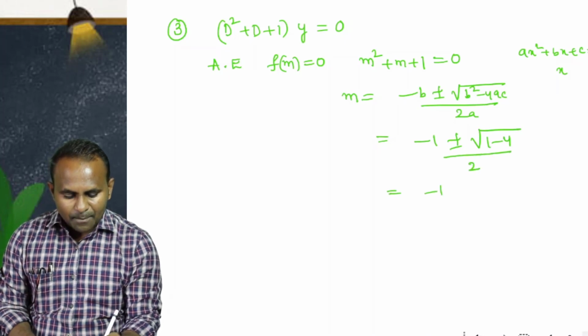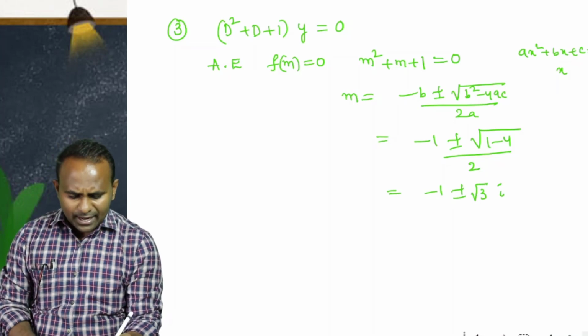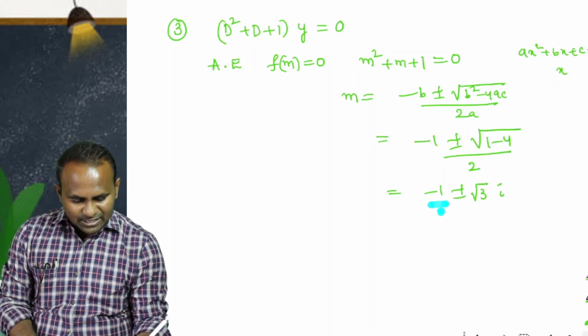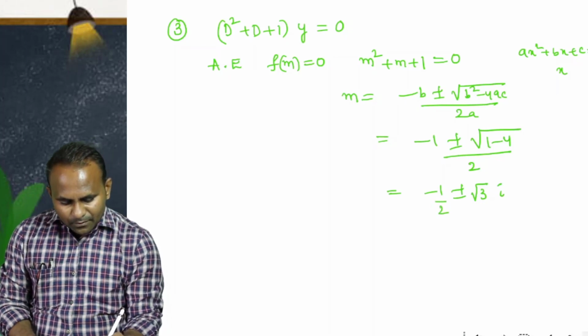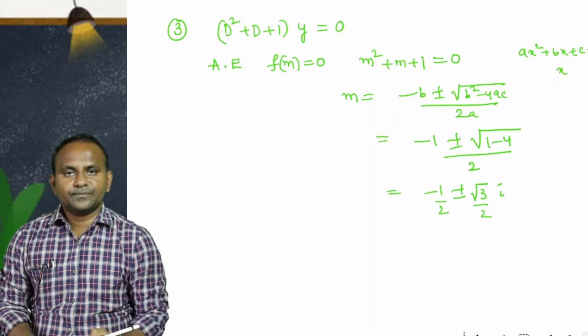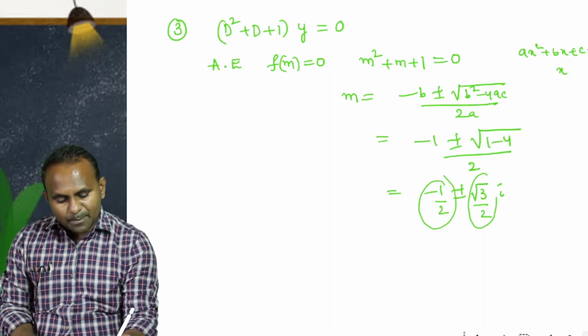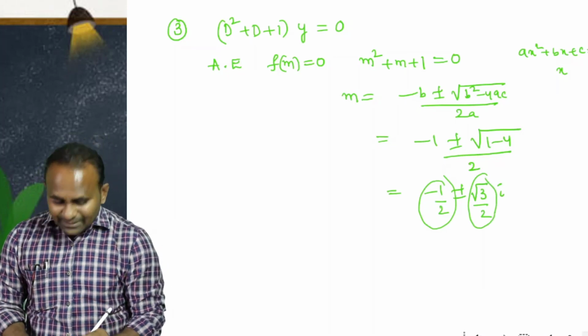That is minus 1 plus or minus the square root of minus 3, which gives root 3 i, because the square root of minus 1 is i, whole over 2. You can split this term into minus 1 over 2 and root 3 over 2 i. This is the real part of the complex number, whereas this is the imaginary part. You are all familiar with that, so I need not remind you again and again.